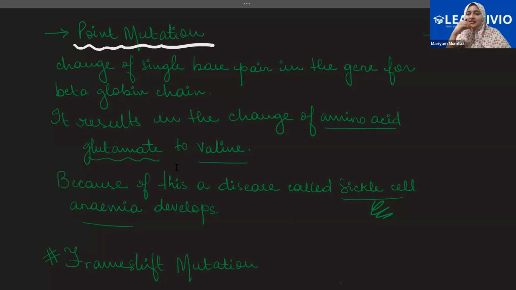Are you answering this question or is Google answering? I remember the diagram. Okay, all right. So yes, the shape of the RBC changes because the hemoglobin gets less, and the oxygen carrying capacity of the RBC also changes.